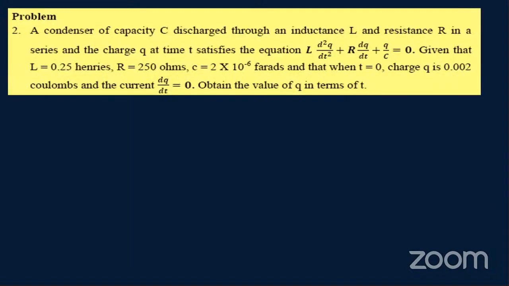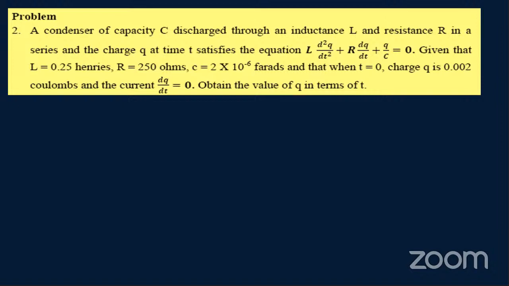Let me go with one more problem. A condenser of capacity C discharged through an inductance L and resistance R in series. The charge Q at time t satisfies the equation L d square Q by dt square plus R dQ by dt plus Q by C equals 0.